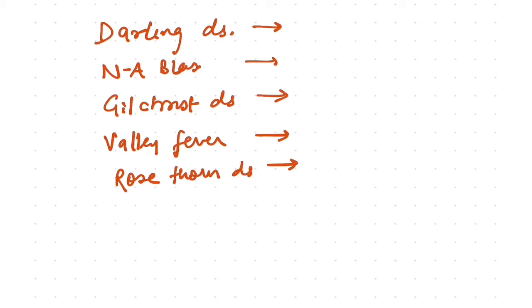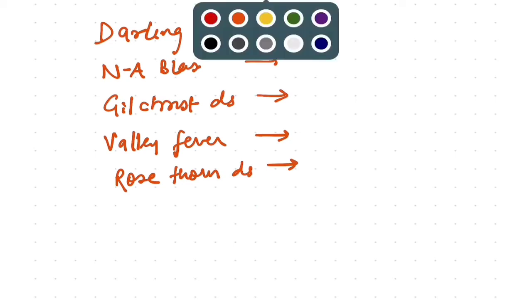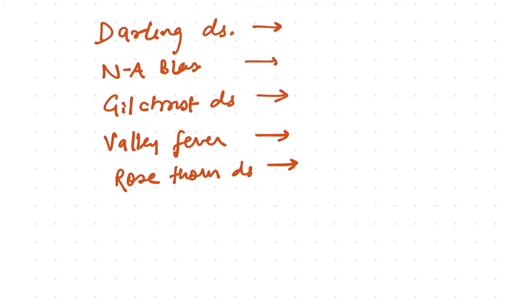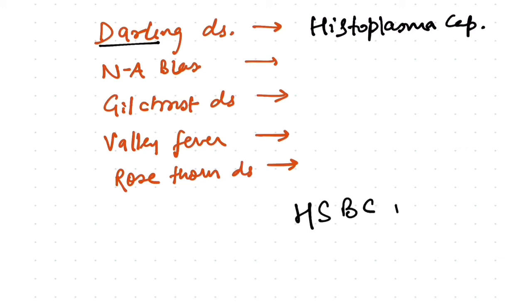Okay, I am very sure you can easily recall each one of them now. So just to complete this, his darling is in a cave. So this is histoplasmosis, that is Histoplasma capsulatum, the first H in our HSBC P square.